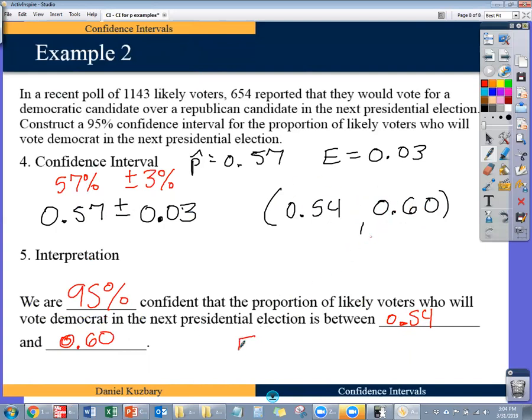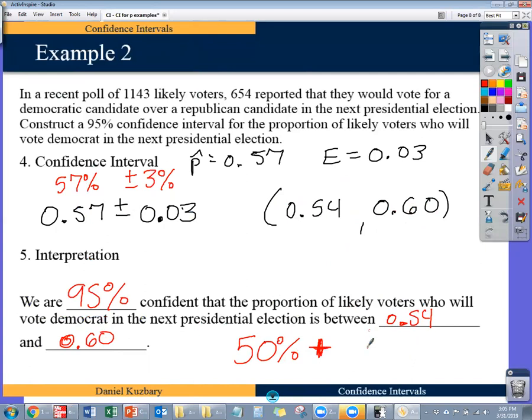You need something bigger than 50% to get someone elected. And with this kind of poll and the margin of error, you're well on your way to getting elected because you really only need 50% plus one person to get elected. And this says, I'm pretty sure you're going to get at least 54% of the vote, up to maybe 60%. And frankly, 54% of the vote's great. It's enough to get you elected. And frankly, that amounts to millions and millions of people.